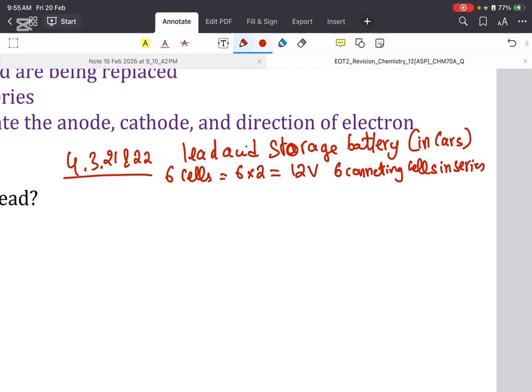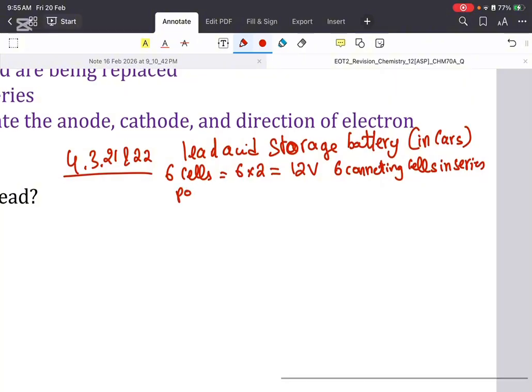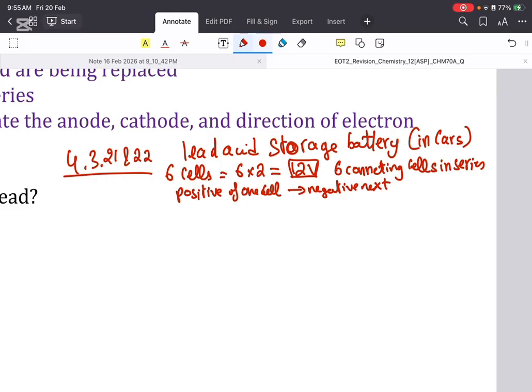It's like the positive end of one cell is connected to the negative of the next, and so on. That's why I said cells in series, and the voltage adds up until we get 12 volt.